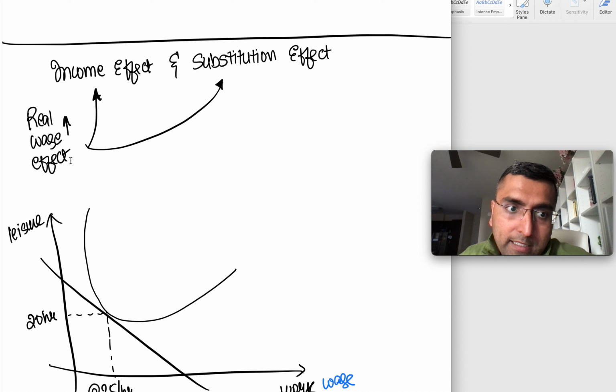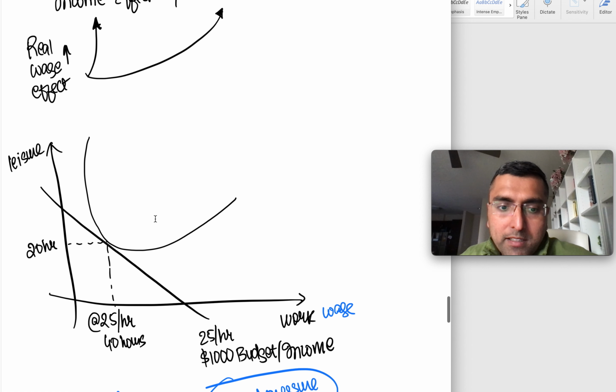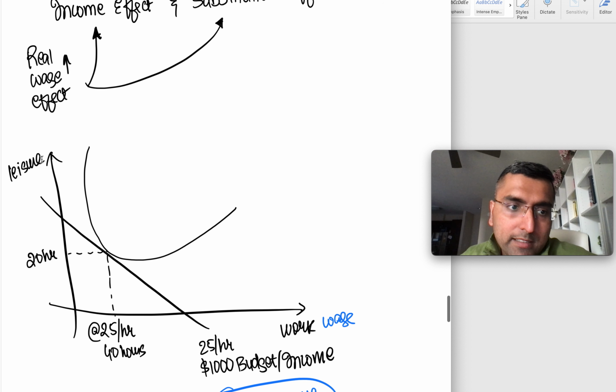So now that we understand that any external event has these two effects, let's try to recap what that actually means. In this case, what's actually happening is Anthony will be thinking about trade-offs between leisure and work, right?